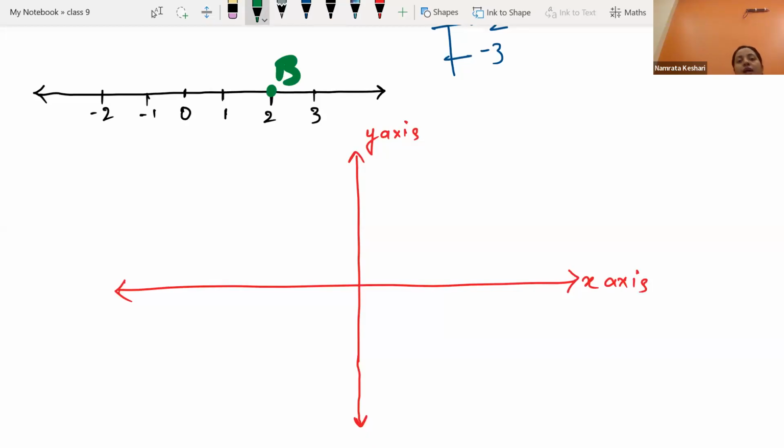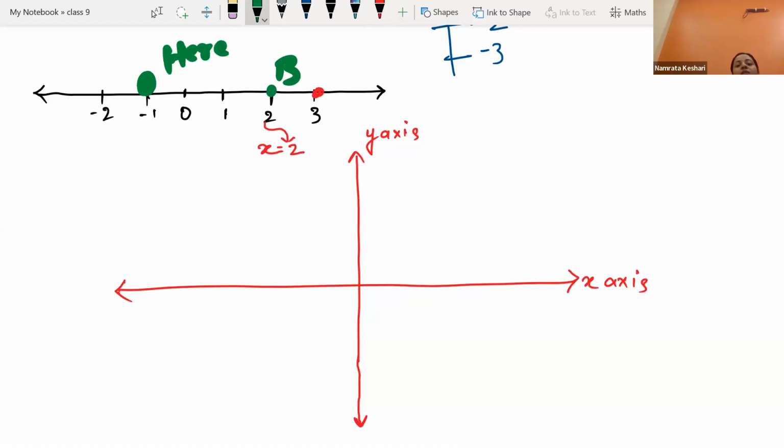If I ask what is the x value at point B, you will say the x value is 2. Are you getting it? Yes, ma'am. So this gives us the location of 2. Where 2 is located, where 3 is located, where -1 is located, we can represent it here.